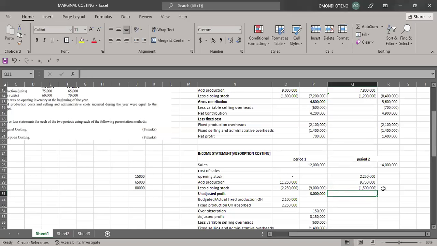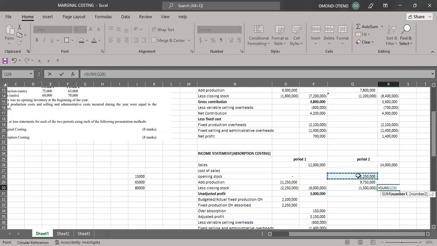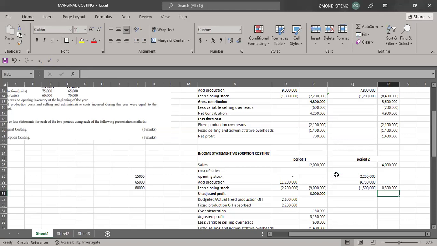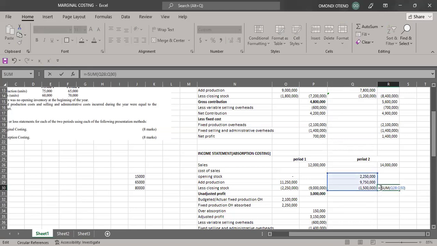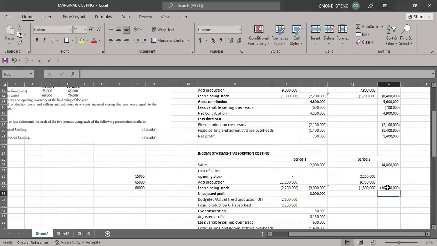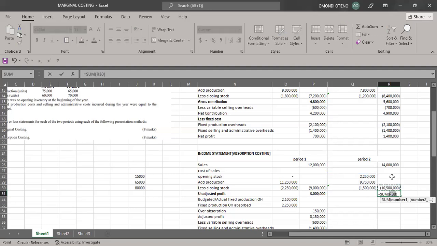It will give us closing stock. To this, we need to get cost of sales. So our cost of sales is basically opening, add production, less closing stock. Then we deduct it from the sales figure to give us what we call an unadjusted profit.